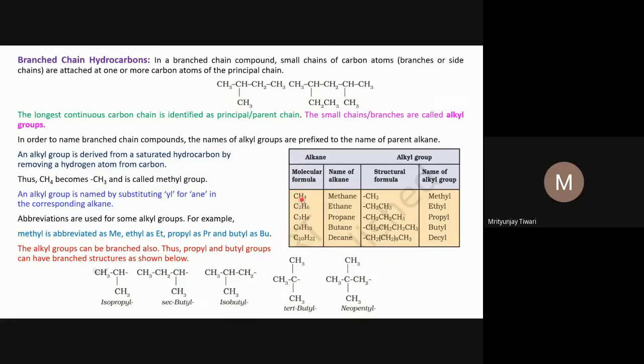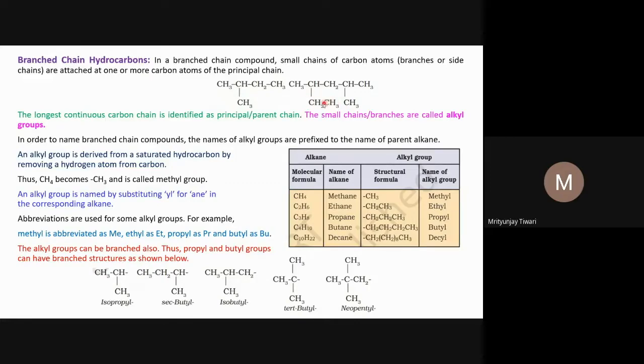Like if this was methane and now one hydrogen is replaced or substituted with this parent chain, then this substituent or the branch is called methyl. So in the IUPAC names, we use this substituent as a methyl group. And this substituent, CH3CH2, earlier it might be CH3CH3, which is ethane.